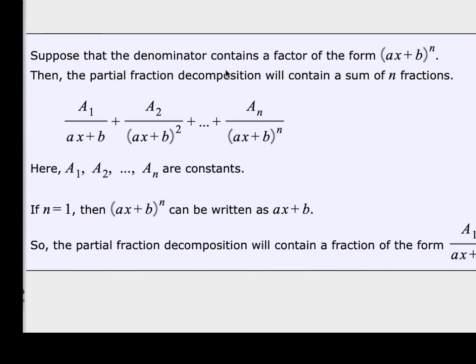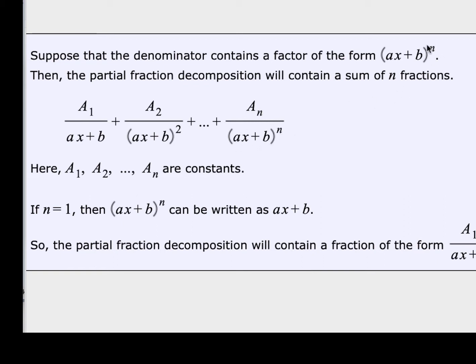Suppose that the denominator contains a factor of the form ax plus b, which is a linear factor, raised to the nth power. Then the partial fraction decomposition will contain a sum of n fractions: A1 over (ax plus b), raised to the first power, plus A2 over (ax plus b) to the second, plus dot dot dot, plus An over (ax plus b) to the nth power.